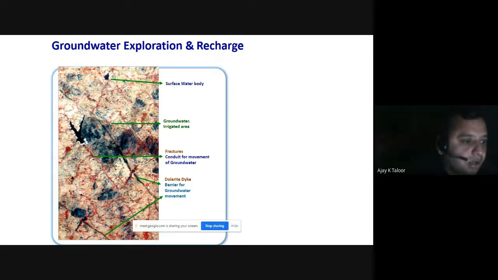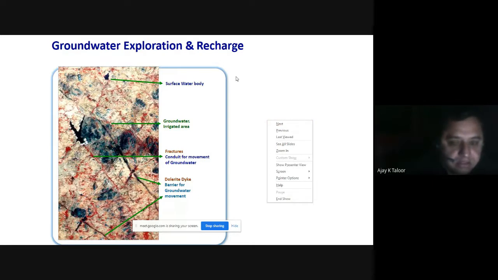All these things we are able to get from the remote sensing data. Remote sensing data helps us to know how the water and where the water is available on the surface of the earth, and from indirect parameters. Right from the vegetation we are able to know whether water is available below the surface of the earth or not.